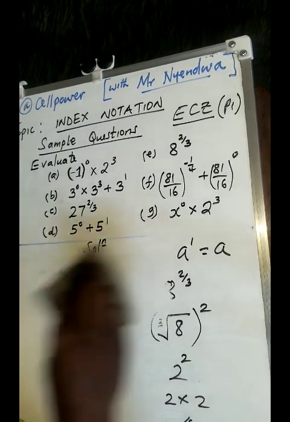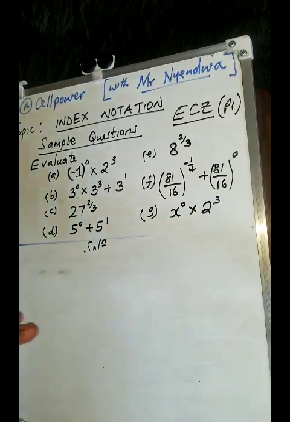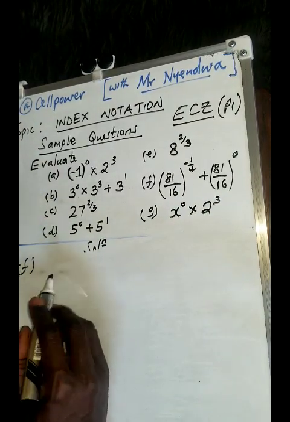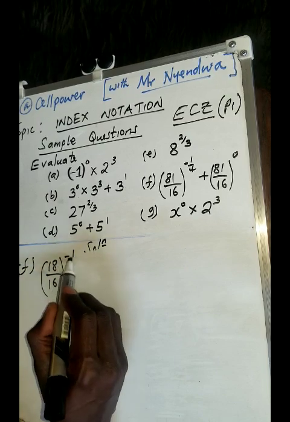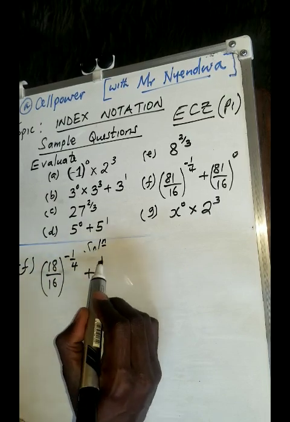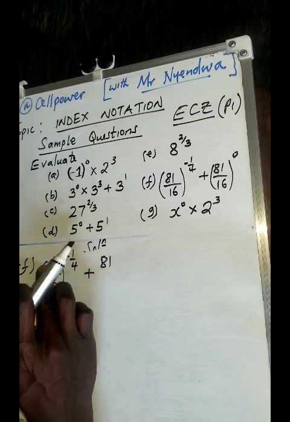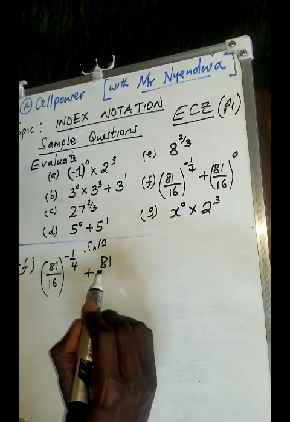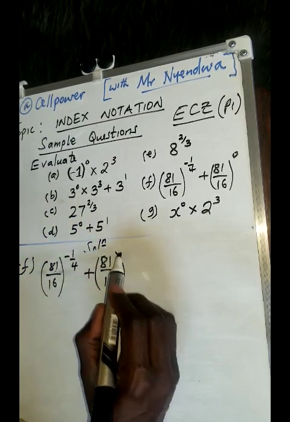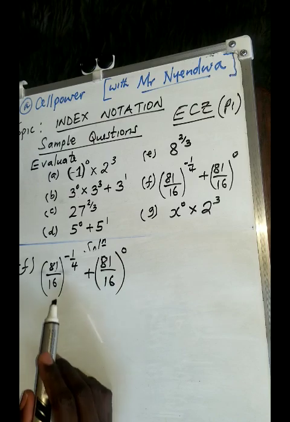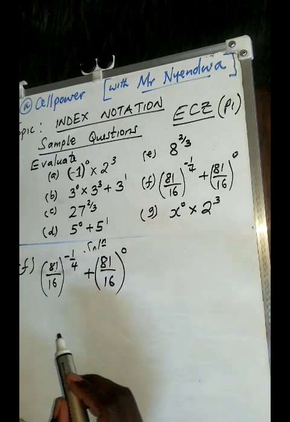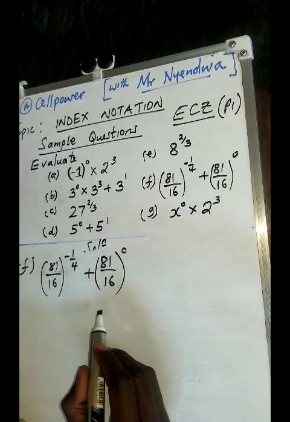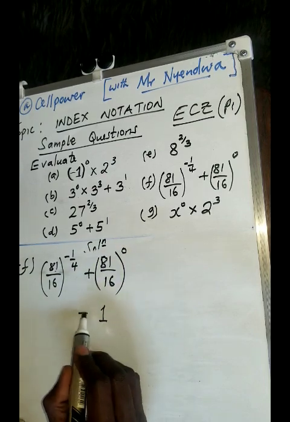Right, let's look at the F part there. The F part there says 81 over 16 raised to negative 1 over 4 plus 81 over 16, again raised to the power 0 there. So if you look at this one, any number raised to the power 0, that will give you a 1. So therefore all this is going to give me a 1 plus.